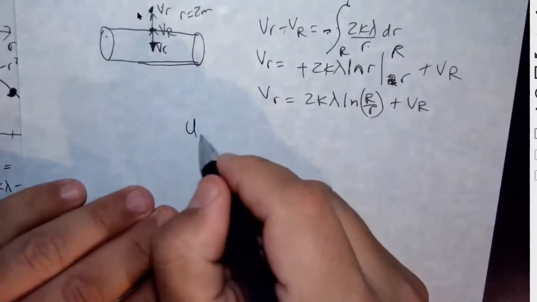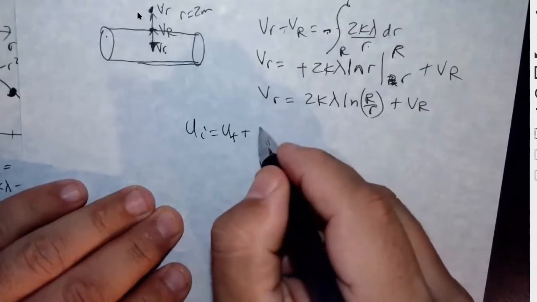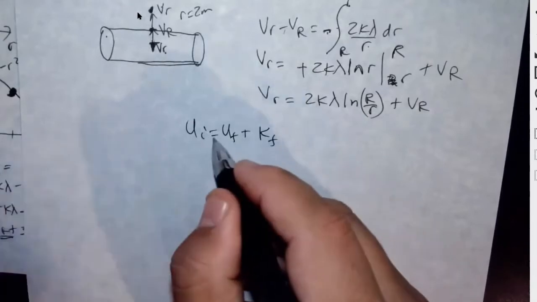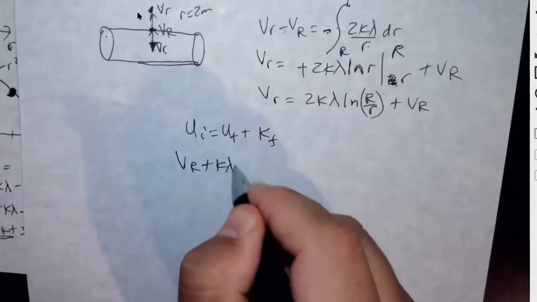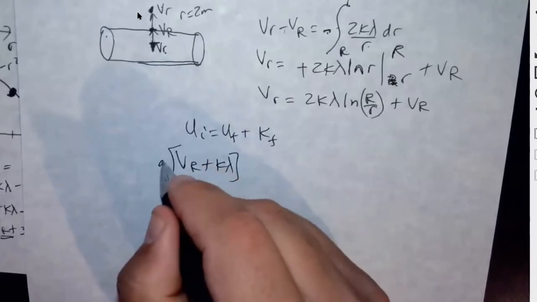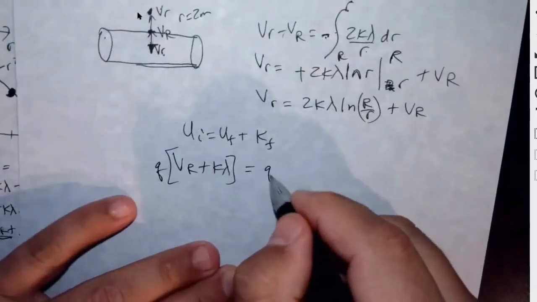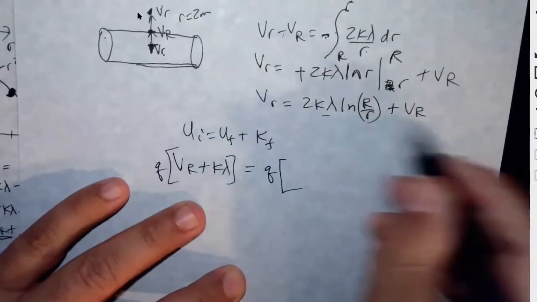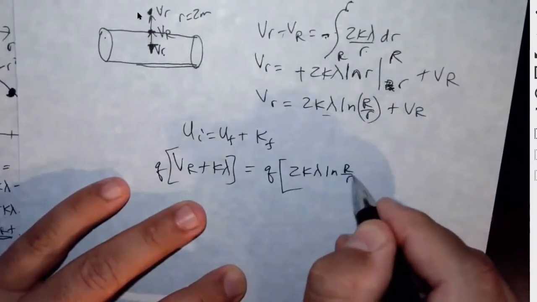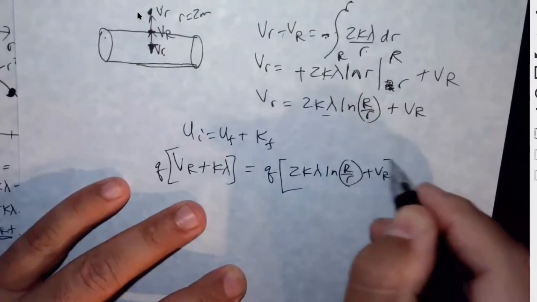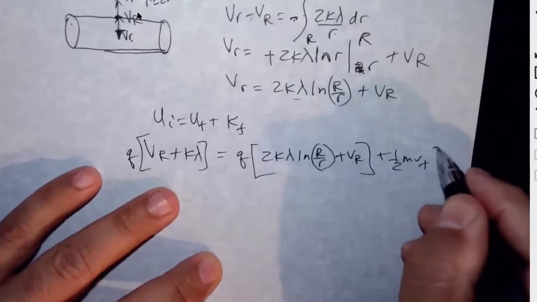Okay, so then you say potential energy initial equals potential energy final plus kinetic energy final. Remember, potential energy initial was Q times V sub R plus K lambda. The potential energy final is Q times this whole thing, 2K lambda ln of R over R plus V sub R, plus half M V final squared.